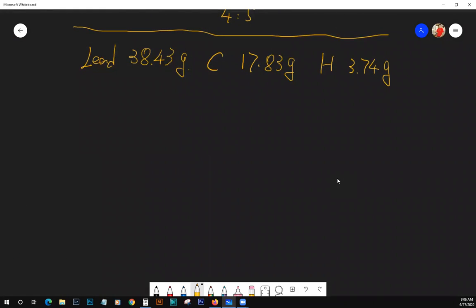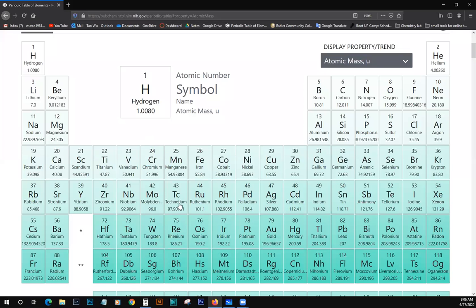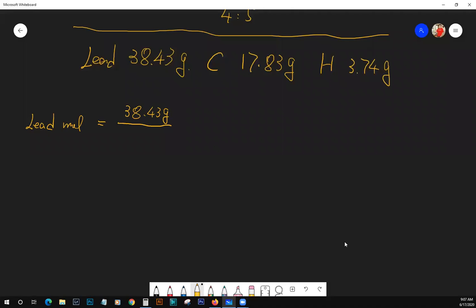First we figure out we have the mass, then we convert the mass to the mole. So let's figure out the mole of the lead. That's going to be 38.43 gram divided by the molar mass of the lead, which is 207 gram per mole.